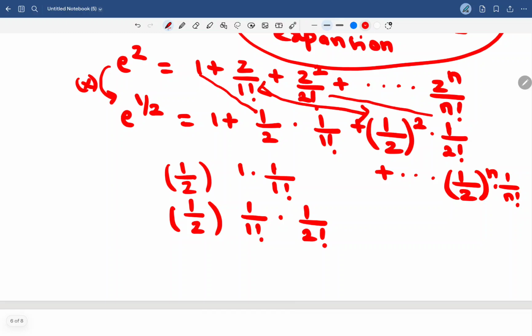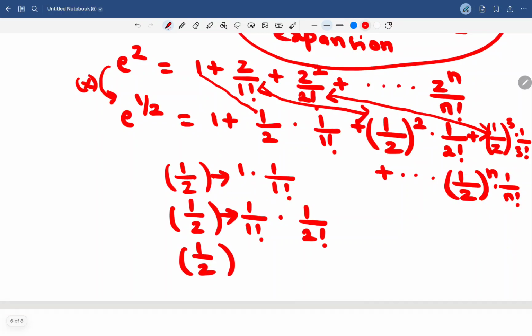Similarly, if we multiply these two terms, here z square, here we get 1 by z the whole cube into 1 by 3 factorial. For this coefficient of 1 by z, if we multiply this term and this term, we get 1 by 2 factorial into 1 by 3 factorial.